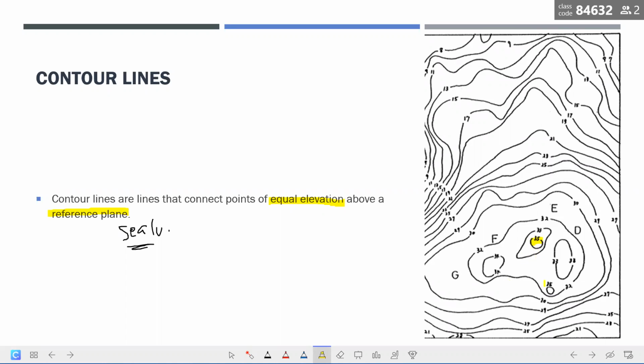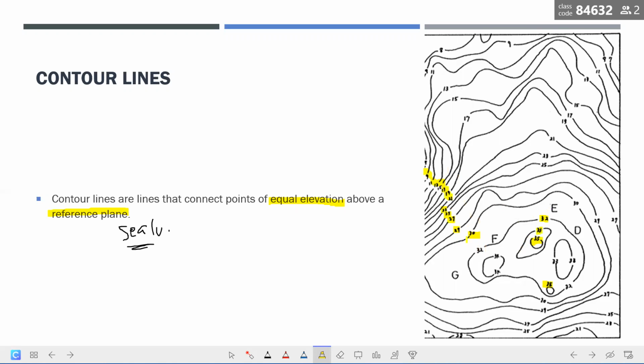These two lines here represent the highest points in the site, and then subsequently they're going down. I don't know what the interval is, I think it's a 1 meter interval, because there's 33, there's 32 meters here. So this line here is 30 meters. This is 29, 27, and so on and so forth.